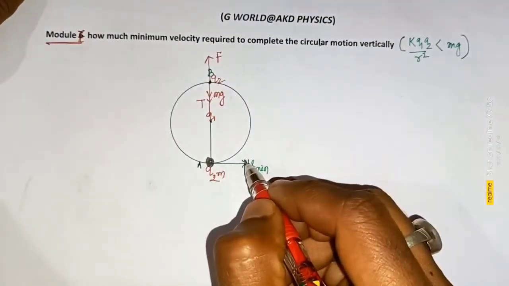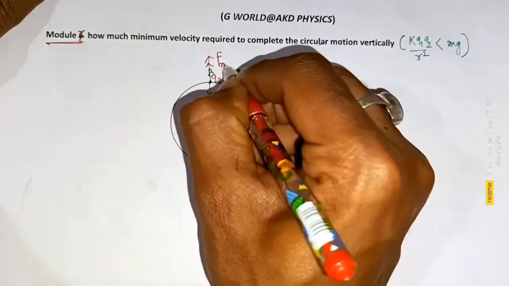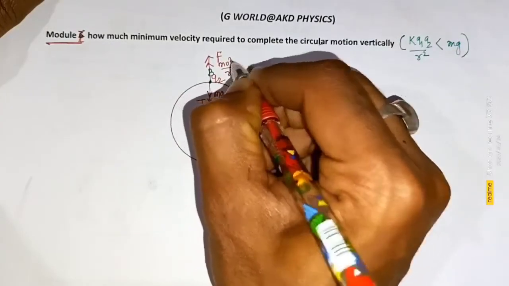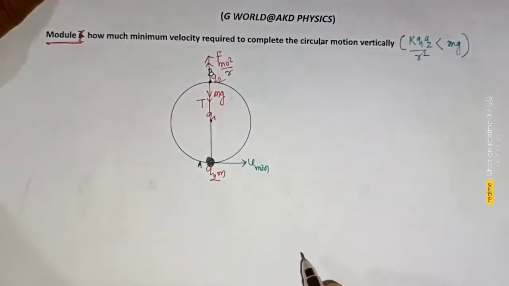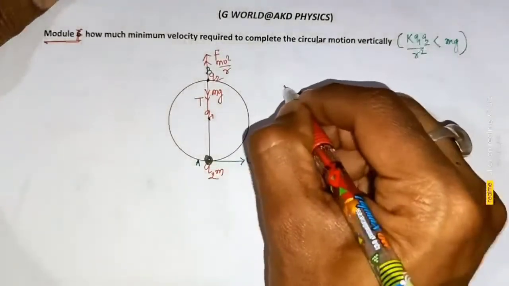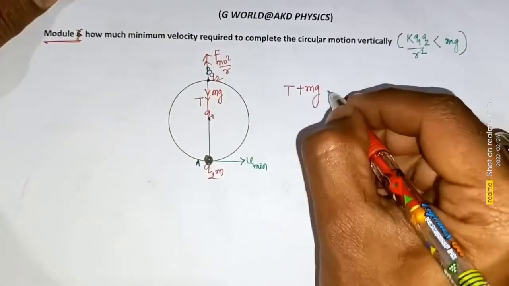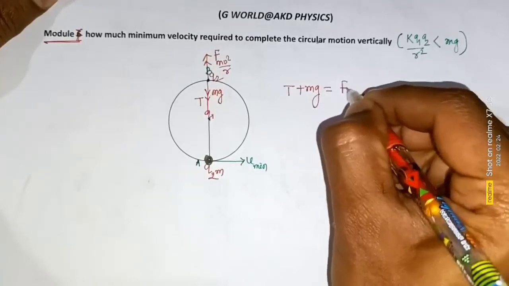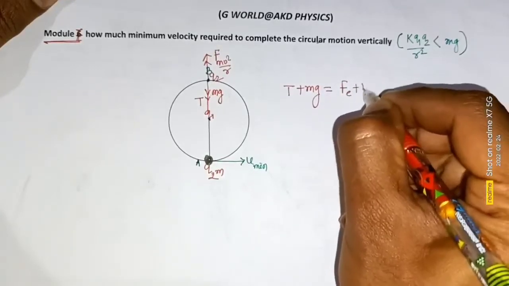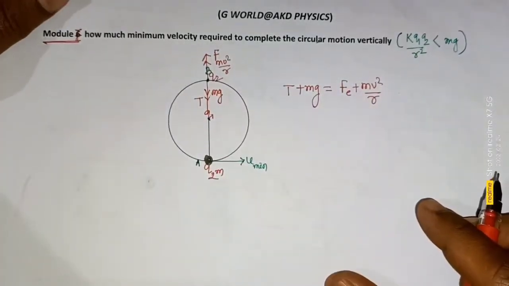It is making a circular motion, and we are observing in the rotating frame, so centrifugal force mv square by r will be radially outward at this point. So if I balance the forces, can I say T plus mg is equal to F electrostatic plus mv square upon r? Yes, I can write it like this.